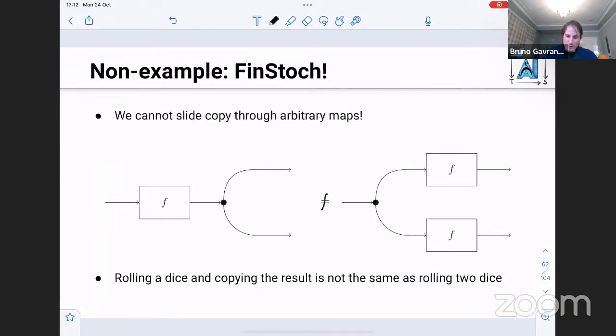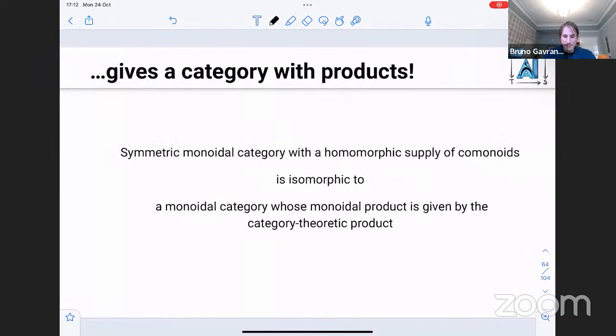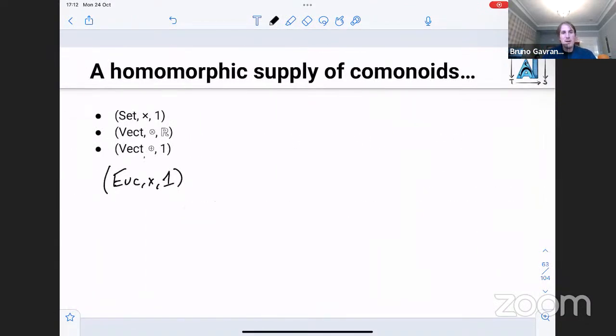This is not an equation that holds in FinStoch, because we'll see this is not a category with a homomorphic supply of comonoids. But we'll see that various other categories that we've had, Set, Vect, and I should also add Smooth, the category of smooth spaces, do have this supply. So the whole idea of this maybe unpacked ordeal is that we can slowly, in the language of category theory, start to say all the things we know about.